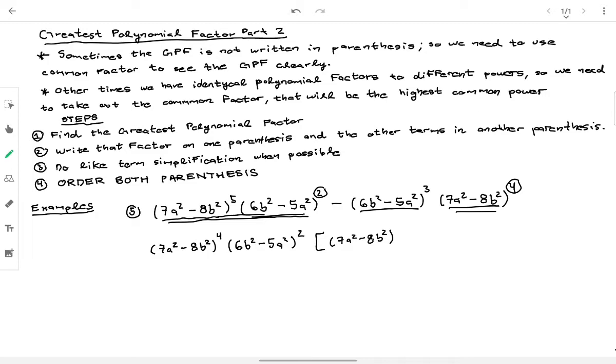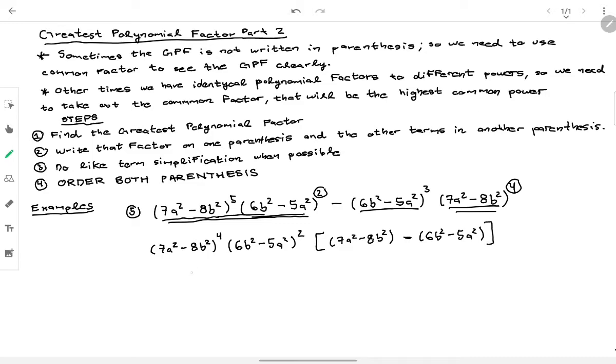In the case of 6b squared minus 5a squared, we have it squared, so we don't need anything. And on the second one, of course, we need one more of 6b squared minus 5a squared to become 6b squared minus 5a squared to the third.